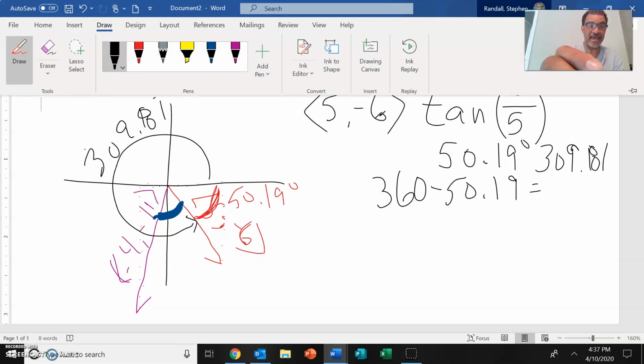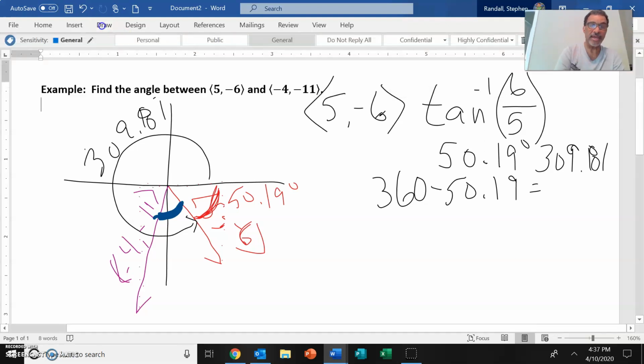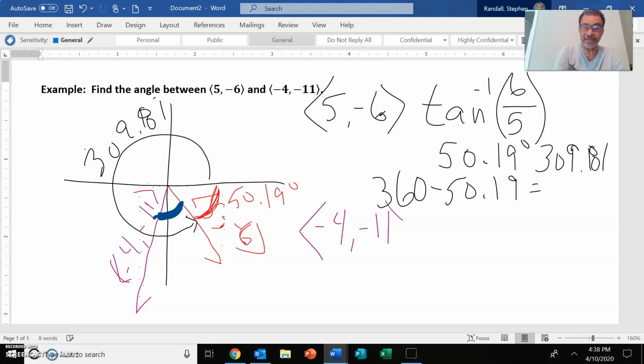So let's find that, since it's in purple, let's find it in purple. Okay, that is negative 4, negative 11. To find the direction of that, you go tangent inverse of 11 over 4.